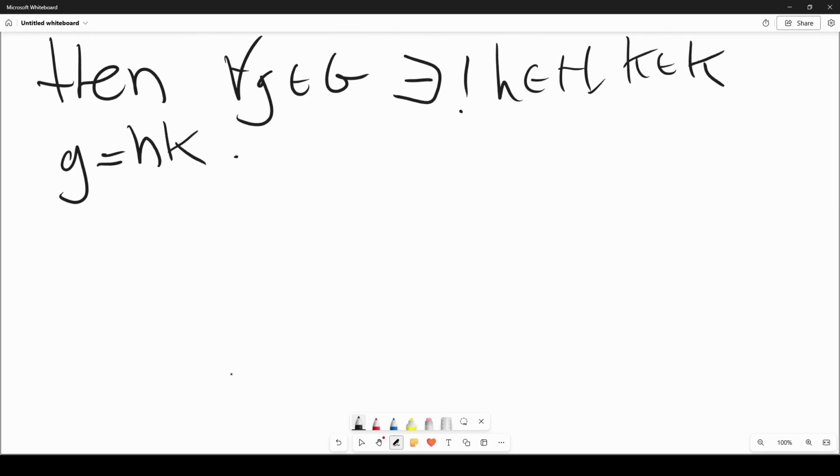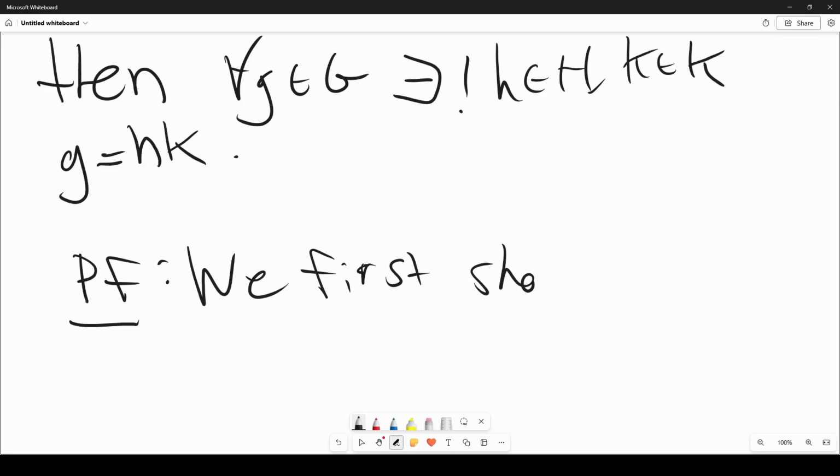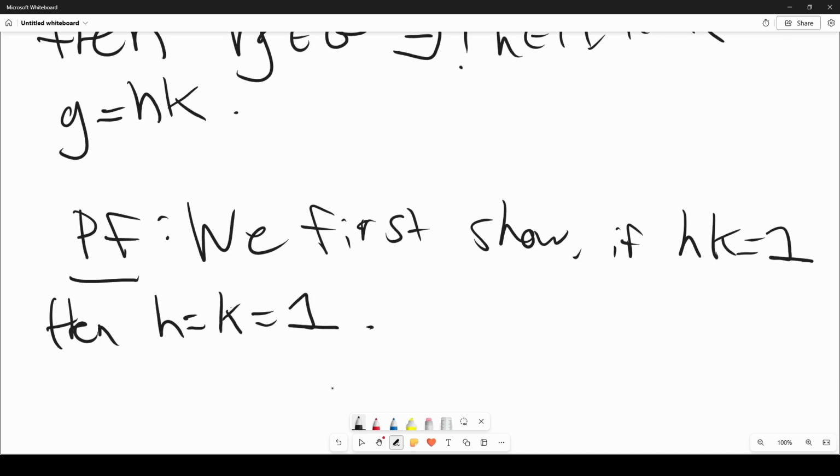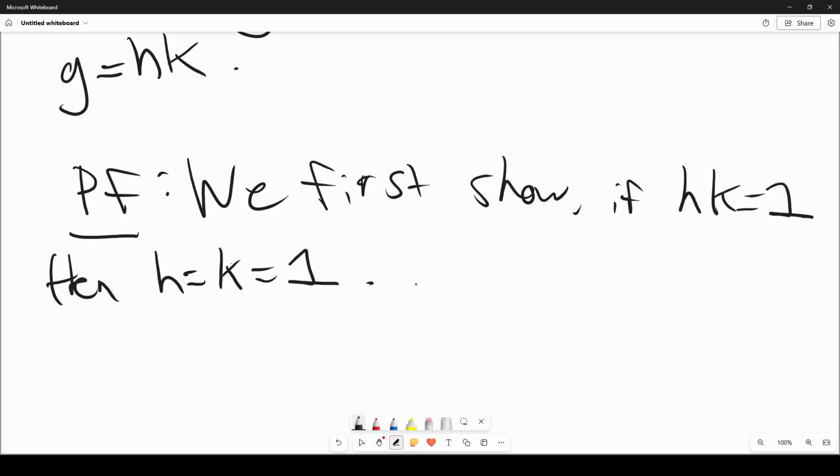Okay, let's prove this. So we first want to show, if hk equals 1, then h equals k equals 1. Well, we see that if hk equals 1, then we get that h equals k inverse and k equals h inverse.